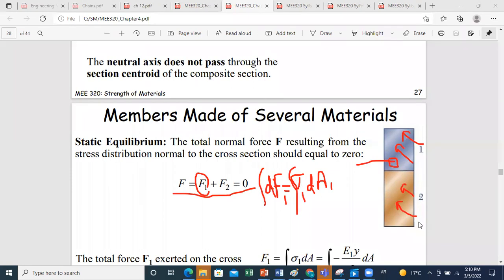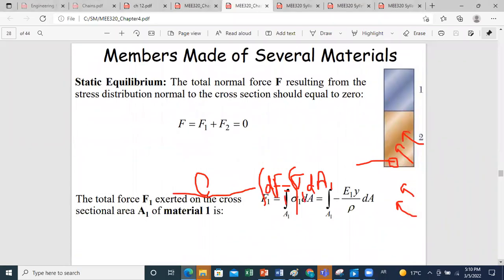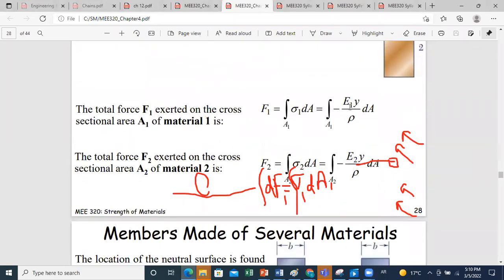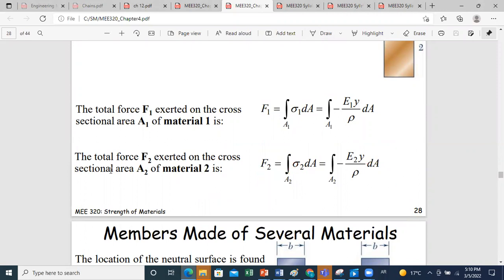And we can replace sigma 1 by its linear variation with respect to y, depending on the modulus of elasticity 1, the radius of curvature of the bend, and of course the distance from the neutral axis. On the other hand, in section 2, we have the same expression, but now with sigma 2, and the variation of sigma 2 will depend on the modulus of elasticity of material 2. So now, when you add these two forces and they should be equal to 0, you obtain the following expression.